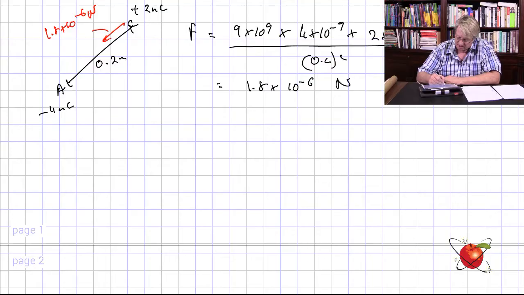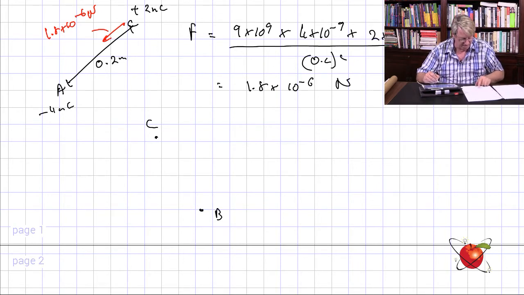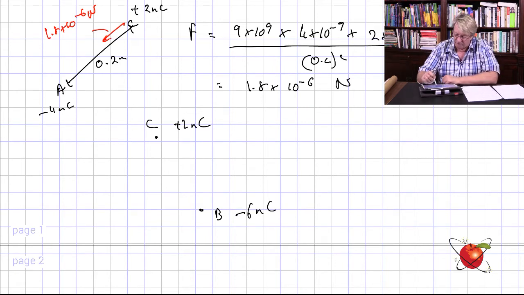So now let's look at C and B. At B, we had minus 6 nanocoulombs, and over here we had plus 2. The first thing we do is say, right, what's happening? This is going to be pulled down the straight line to B, isn't it? That's what's going to happen there.